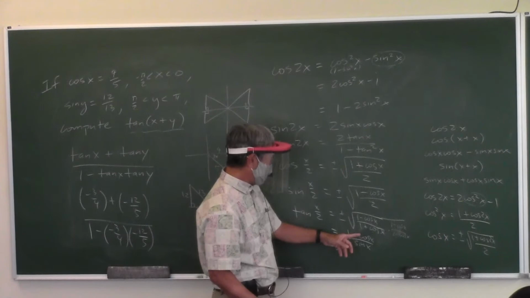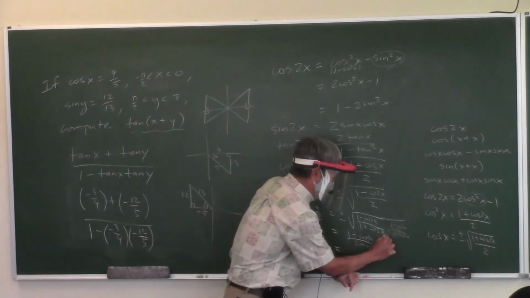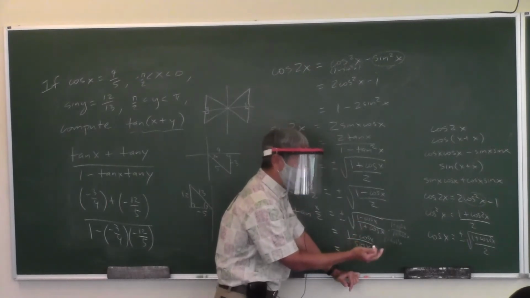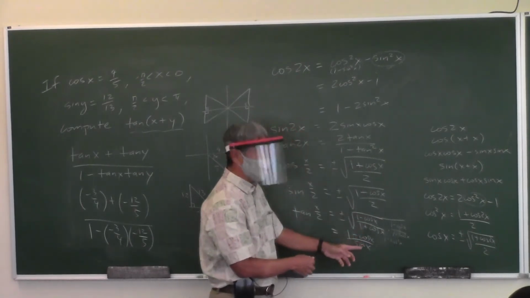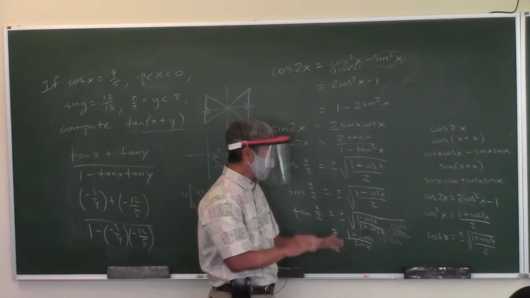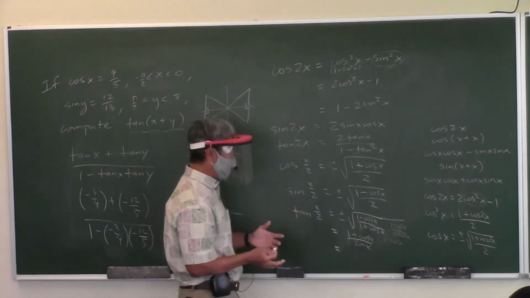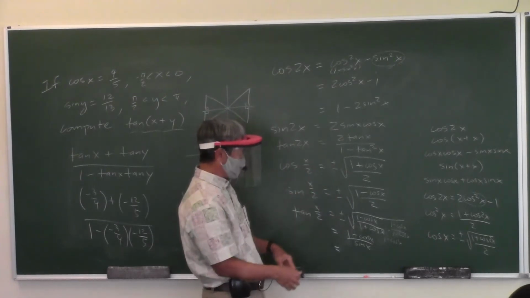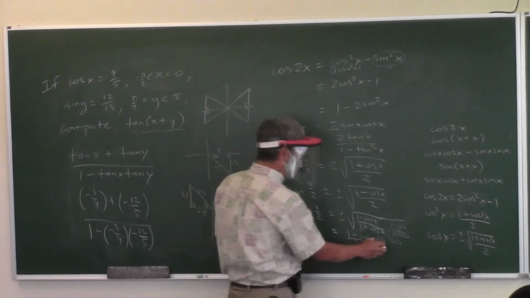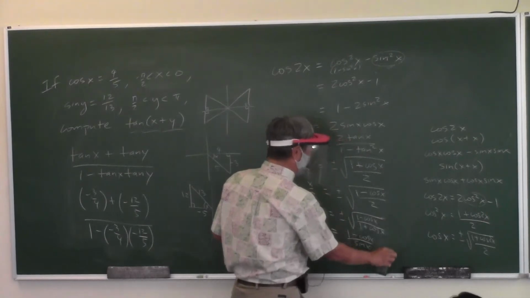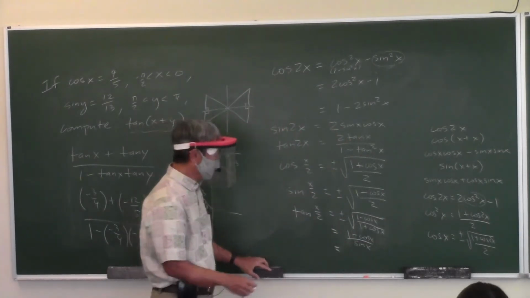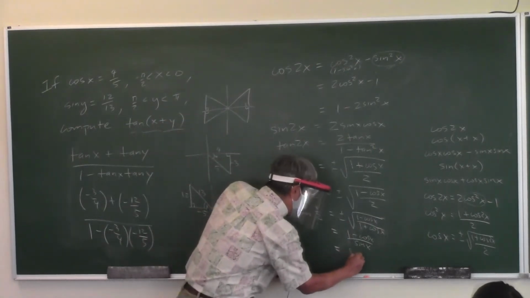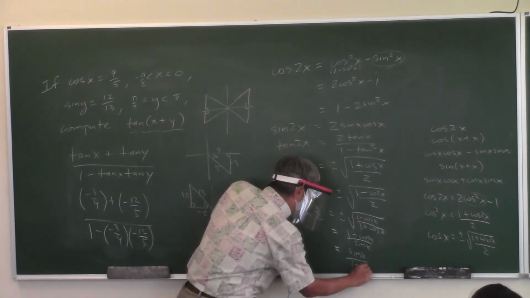And then when you multiply this times this, you're going to get 1 minus cosine squared x, which is sine squared x, and that comes out as an absolute value of sine x. But we can actually take the absolute values away, because what you have to do is check quadrant by quadrant. I'm not going to do that now, but if you check it, you don't need the absolute value. That's what you get. And then the third one is this, sine x all over 1 plus cosine x.